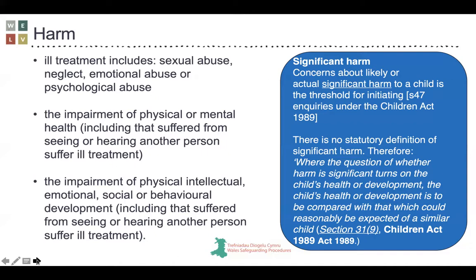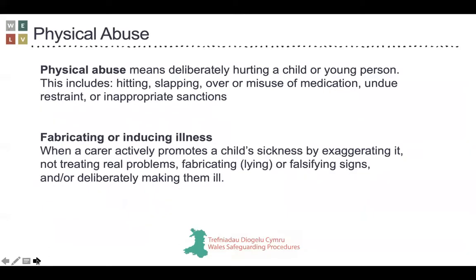So, taking some of these elements of harm, the procedures describe physical abuse, which means we're deliberately hurting a child or a young person. And there are some examples on the screen and further details sitting in the procedures of the examples of physical abuse that are considered under these procedures.